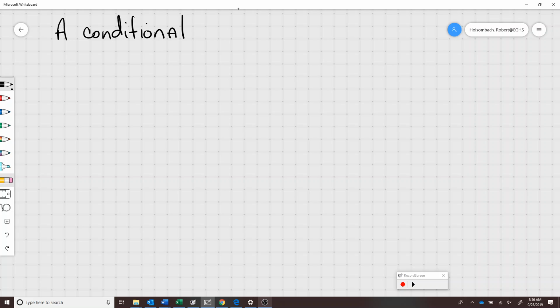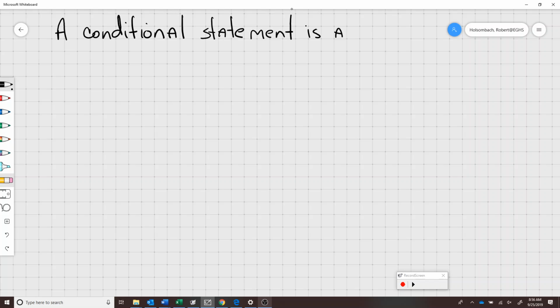A conditional statement is a statement written in if-then form.